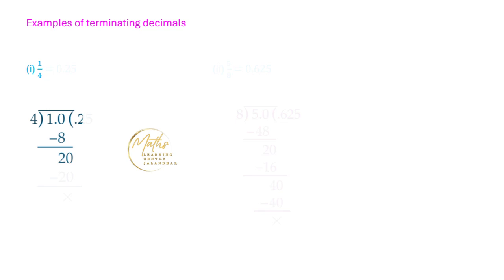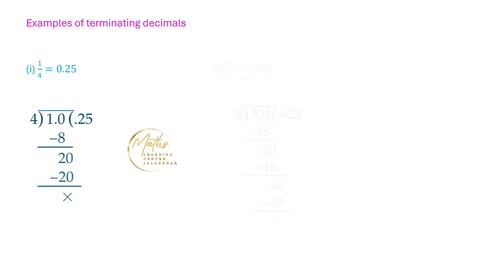So we get 4 fives are 20, and on subtracting this value, the remainder will become 0. So the value of 1 by 4 that we are getting is equal to 0.25. This is a terminating decimal representation because the remainder becomes 0 after a certain number of steps.